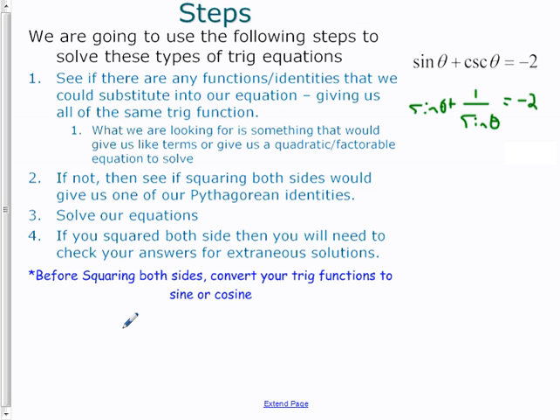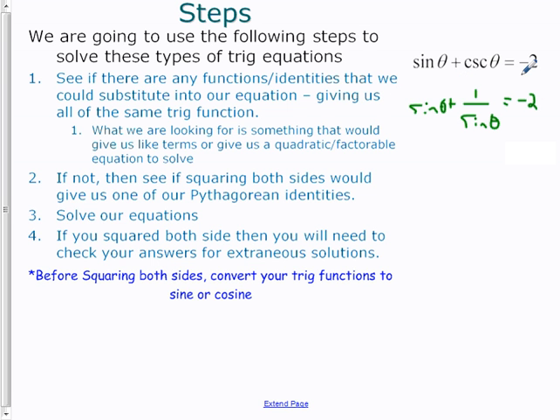Then some of your answers may or may not work because they were all turned positive and then solved. So when you go back and check your answers with the original equation, some of those original negatives might have disappeared, and therefore the solution doesn't actually work.